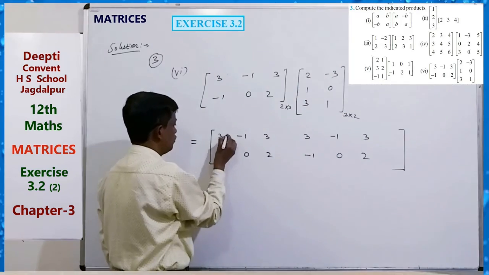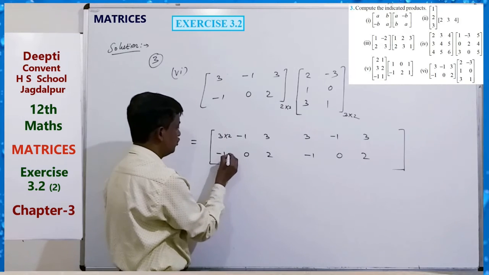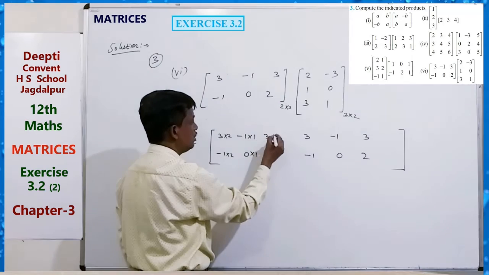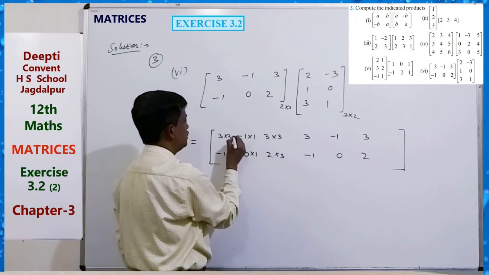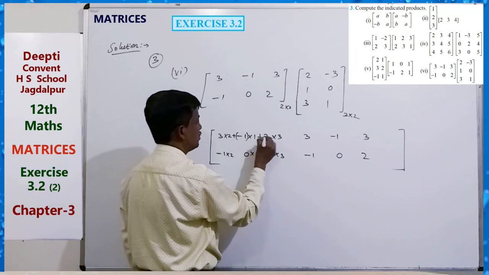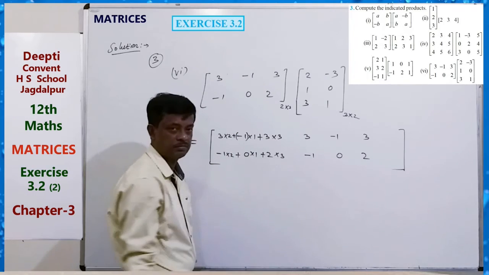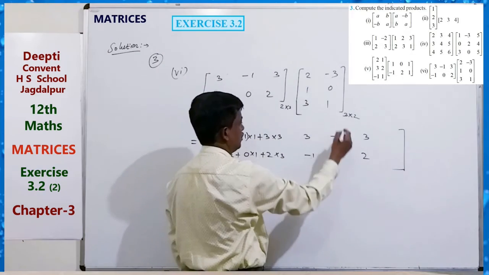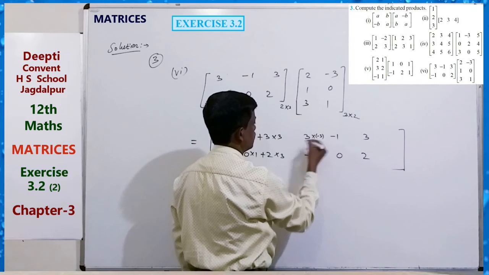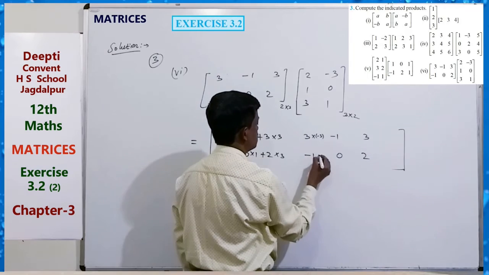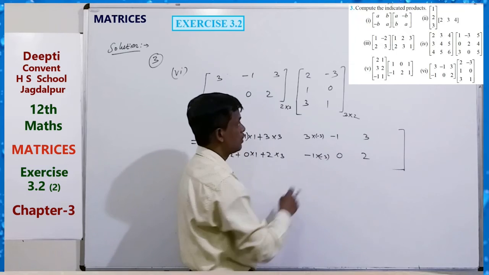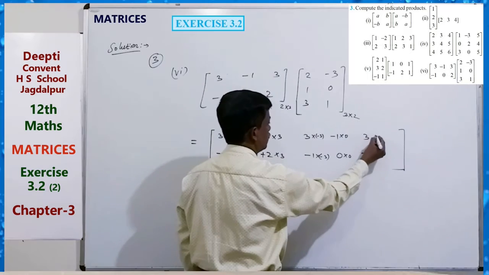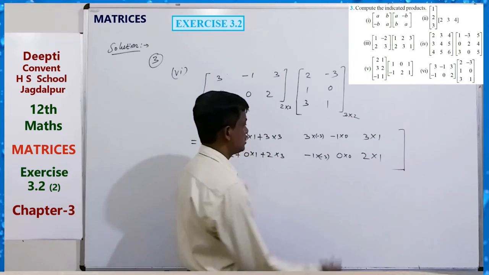So 2, 1, 3, and add this. Similarly, using this, here minus 3, 0, 1, just add this.